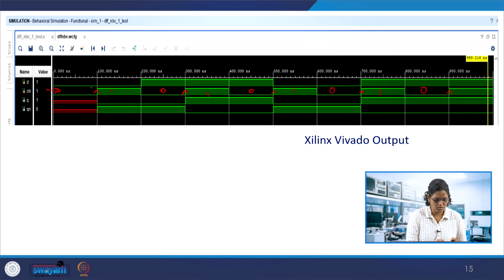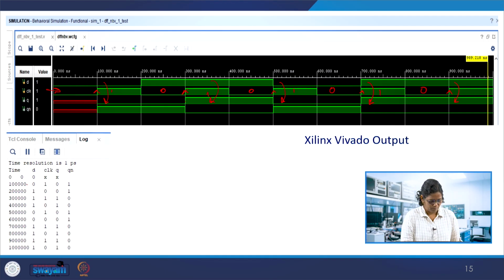D is 0 initially, so Q is becoming 0; no reset is used over here. D is changing here, but the last value will be maintained till this point, and at this point it is 1, it is transferred here, and at this point it is 0. So yes, there is no change in the behavior of the code that we had. This is the same D flip flop we have used.